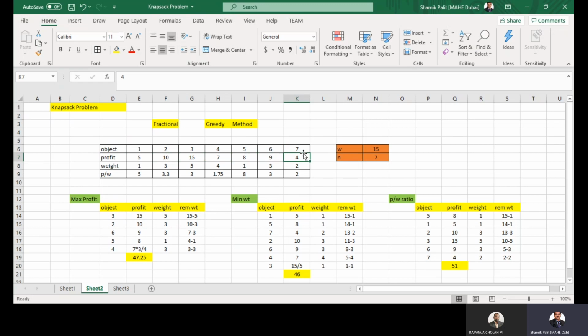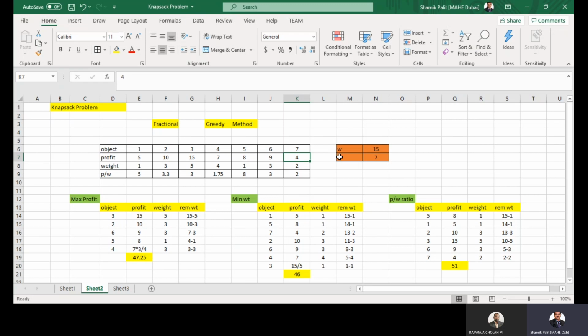Now we will see 3 different approaches as far as the fractional knapsack problem is concerned. All these 3 approaches are basically greedy approaches. What is our main intention? Our main intention is to figure out the maximum profit associated with the knapsack.